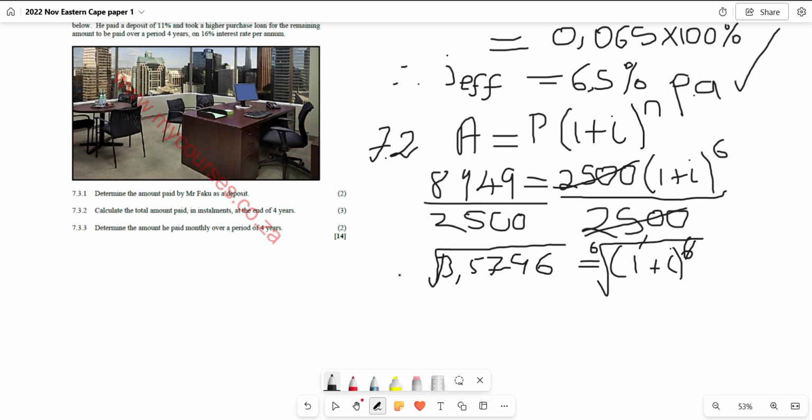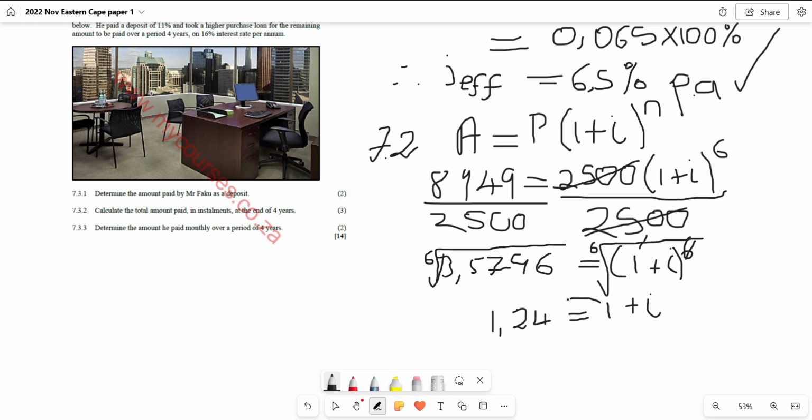Then also this side, we are going to take the 6 root. Then we are going to have the 6 root of our answer, which will give us 1,24, which now will be equal to what we have inside the bracket, which is 1 plus I. Then 1,24 and the 1 that we have here, like terms.